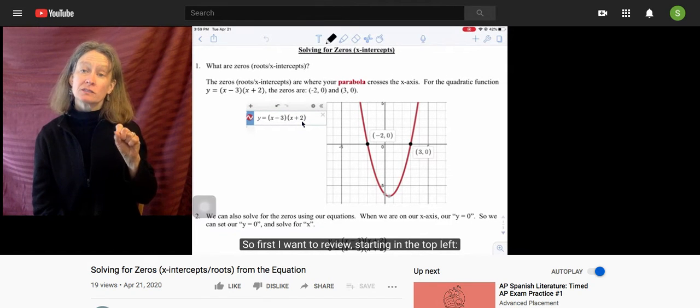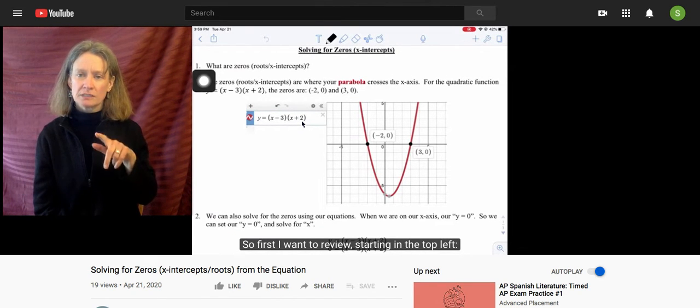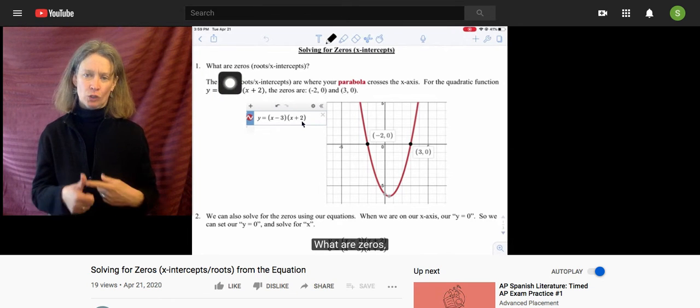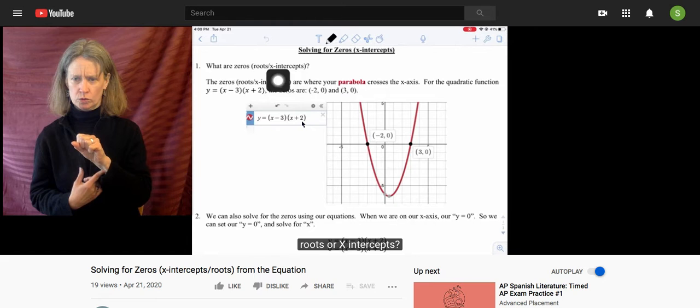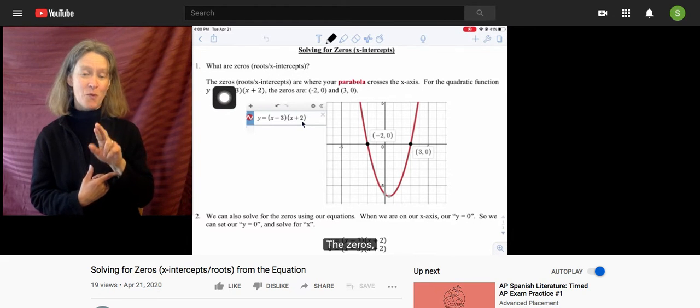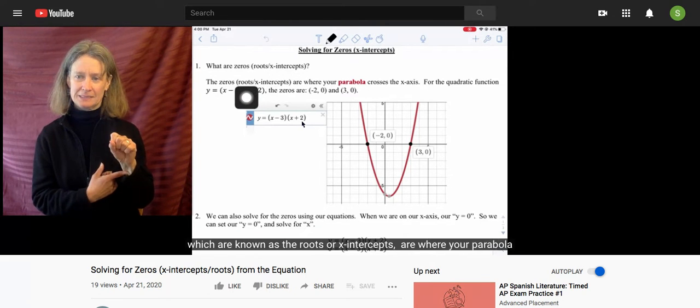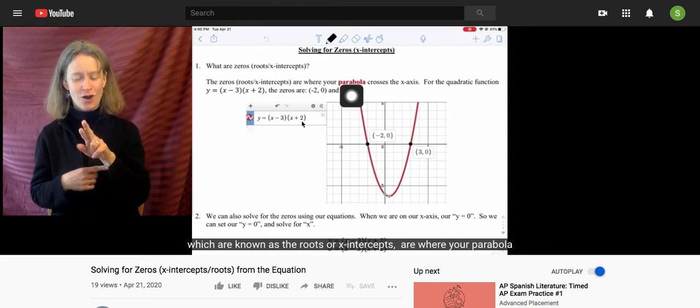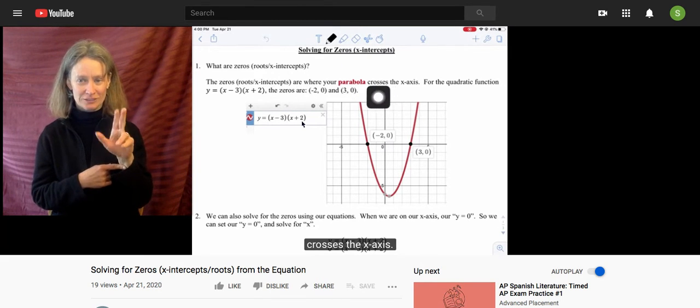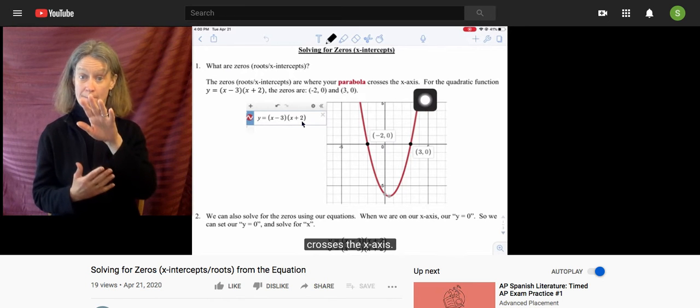So first I want to review, starting in the top left, what are zeros, roots, or x-intercepts? The zeros, which are known as the roots or x-intercepts, are where your parabola crosses the x-axis.